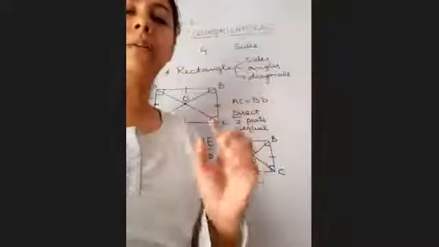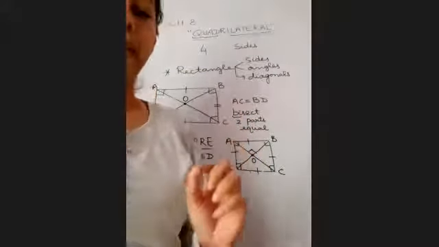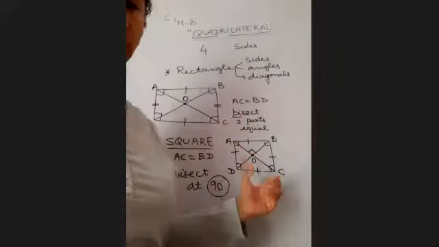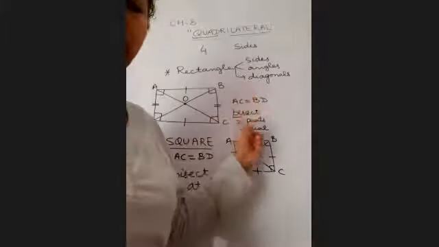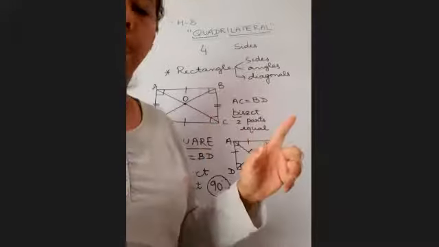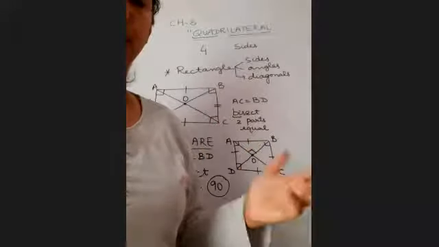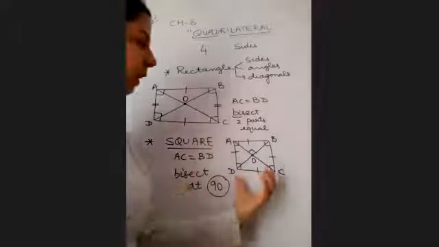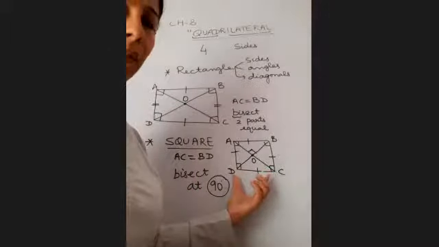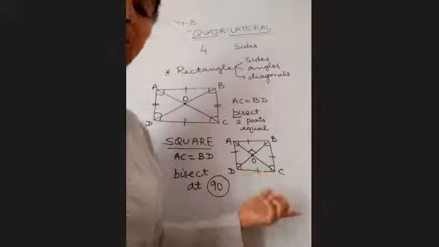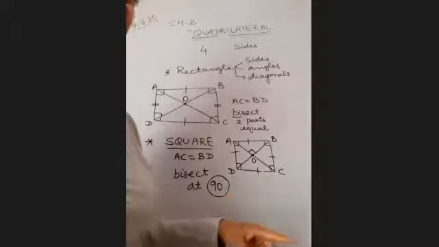So here also the same logic will work. If a quadrilateral satisfies all the properties of the other quadrilateral, true. If it doesn't, false. For example, I am given a square. I want to see if it is a rectangle also. कि क्या ये rectangle है?